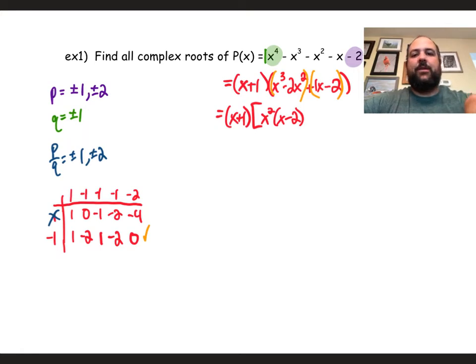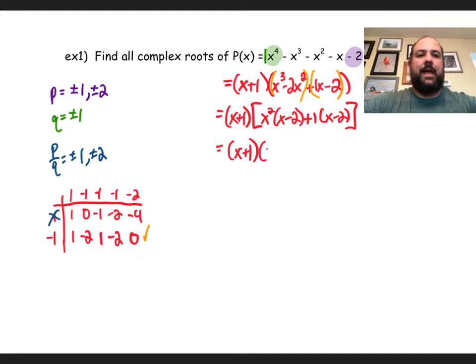And then out of the 1 minus 2, I can only factor out a positive 1, and that will leave me x minus 2. Now when I check, the leftover expressions are both x minus 2, so that's a good thing. So what we have is x plus 1, and then the GCFs would be x squared plus 1, and then the x minus 2.